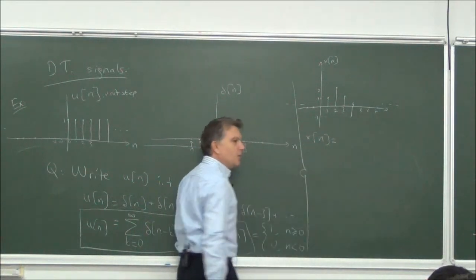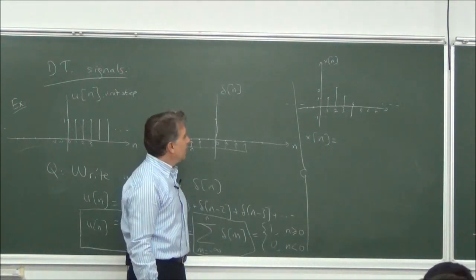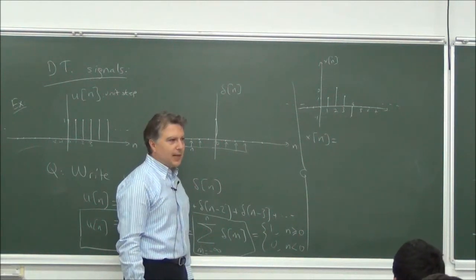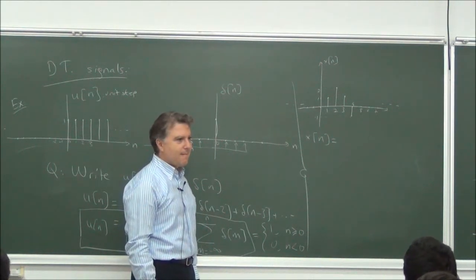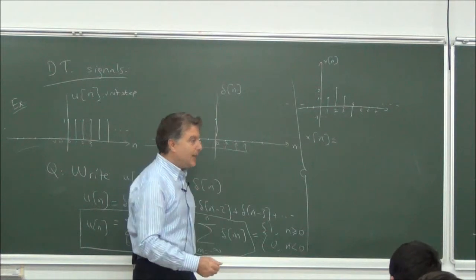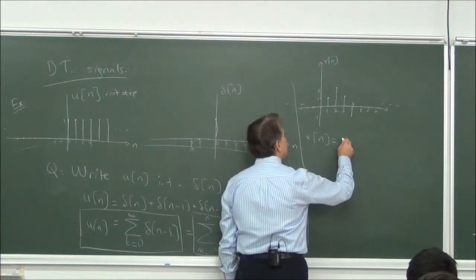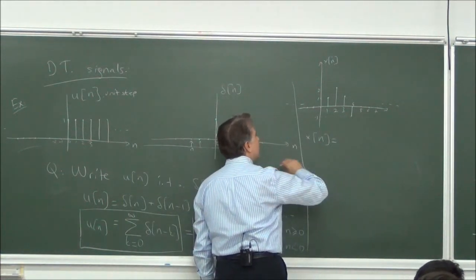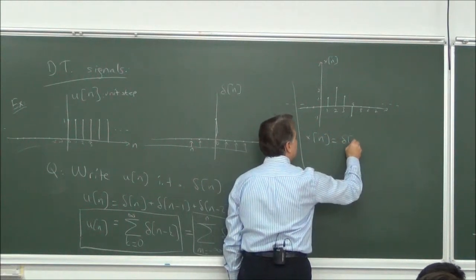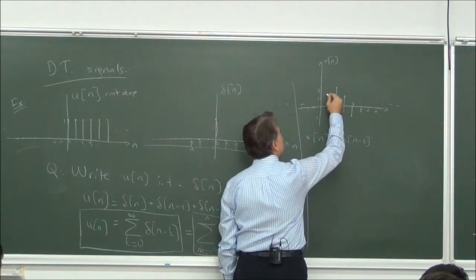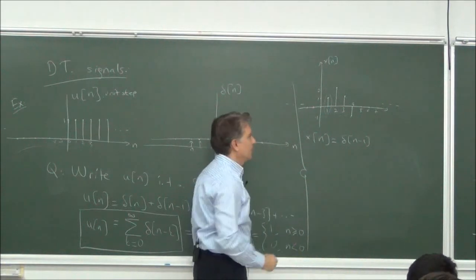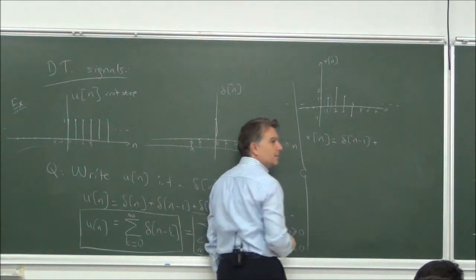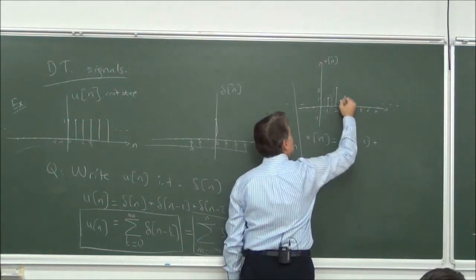The question is, can we represent x of n in terms of deltas? And the answer is yes. x of n is equal to delta n minus 1, this one, plus, what is this?